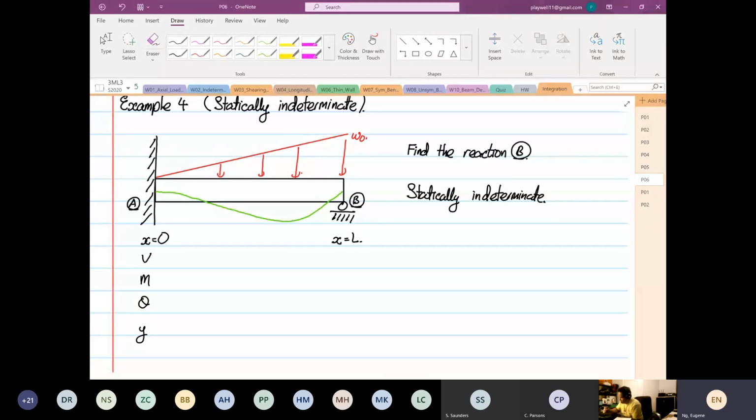That's why last week I made you remember this sequence. So at x equal to 0, V I don't know, M I don't know, but I know theta is equal to 0, and I know that y is equal to 0.